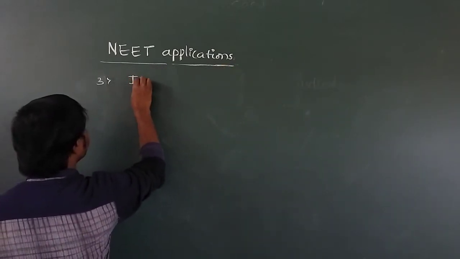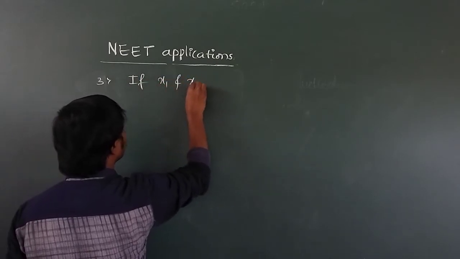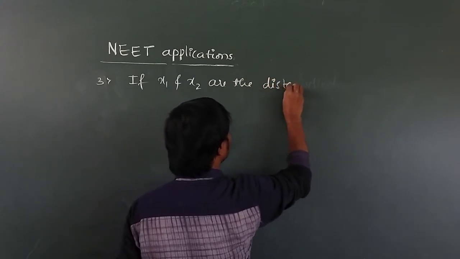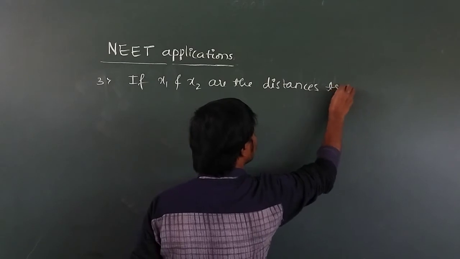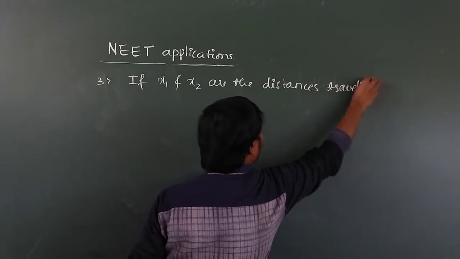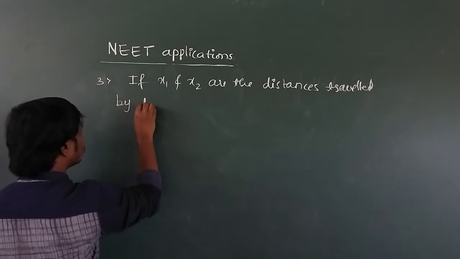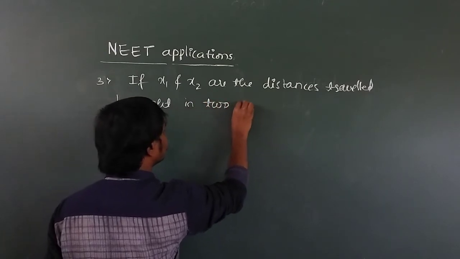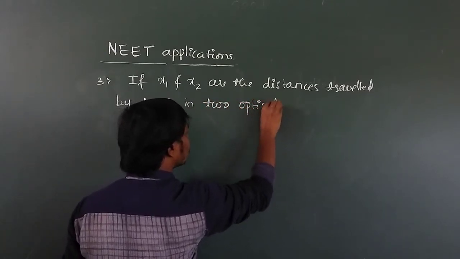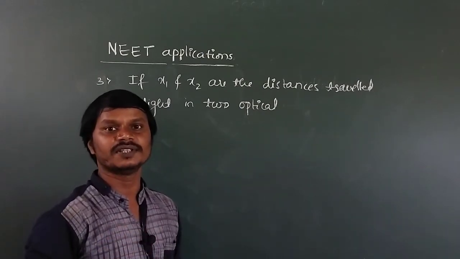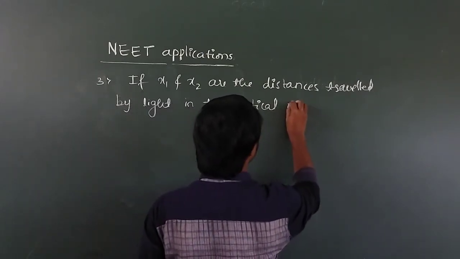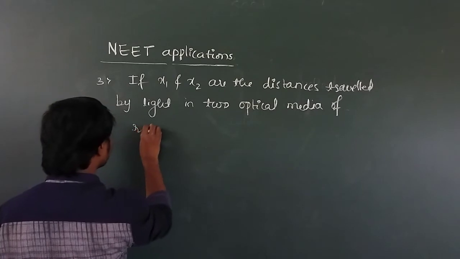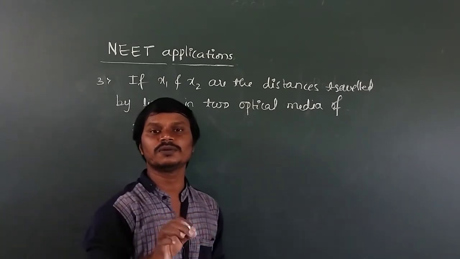If x1 and x2 are the distances traveled by light in two optical media, meaning these two optical media have different refractive indices, in two optical media of refractive indices mu1 and mu2 in the same time. Refractive indices is the plural form of refractive index.